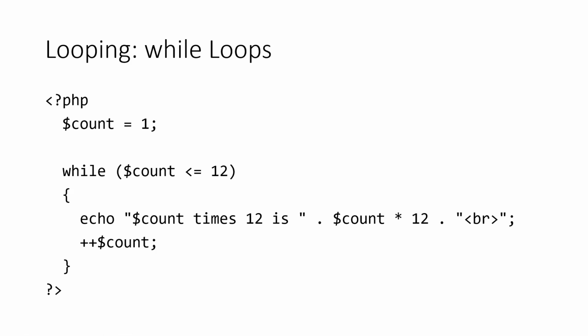That means if the count is 1, we say 1 times 12 is 12. 2 times 12 is 24. So that is actually the multiplication table for 12, right?